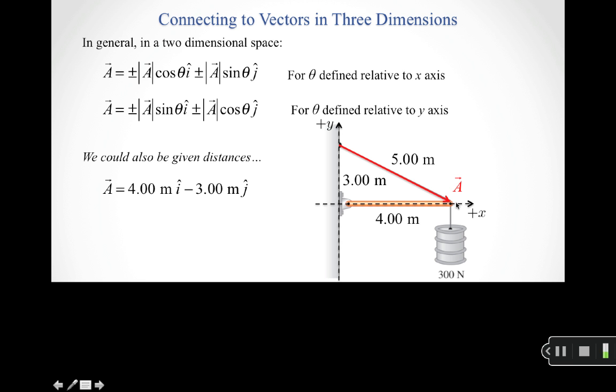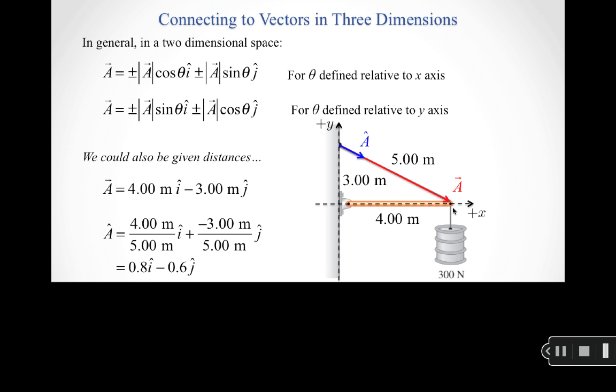I know in x I'm going to go over positive 4 meters, so 4 meters in the positive x direction. In y, I'm going to come down 3 meters, so 3 meters in the negative y direction. So we can use our distances in exactly the same way that we would use magnitudes and angles to get our components of vector A.